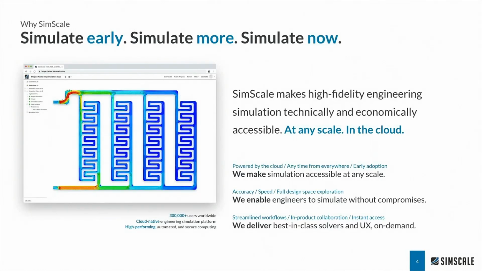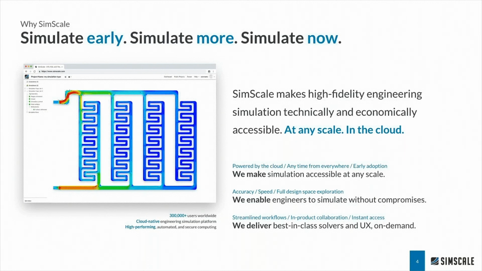And why would you use SimScale? Compared to the traditional systems, SimScale makes high fidelity engineering simulation technically and economically accessible at any scale in the cloud. You can simulate early in the design process when the cost of change is low, and you can simulate more with SimScale without having to have a software and hardware footprint that you have to maintain and purchase.